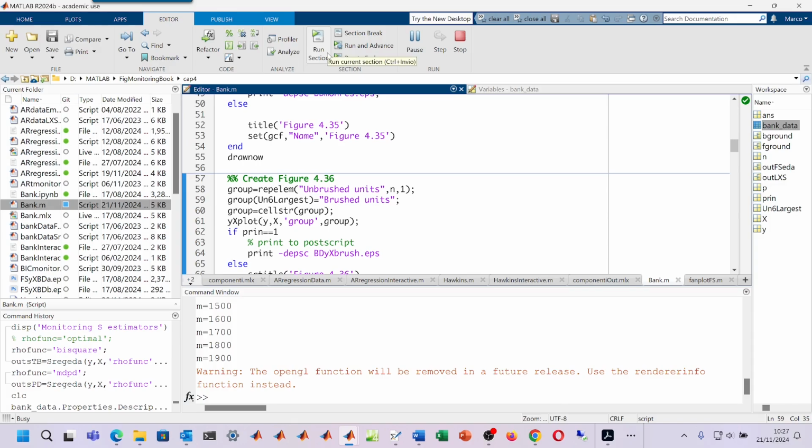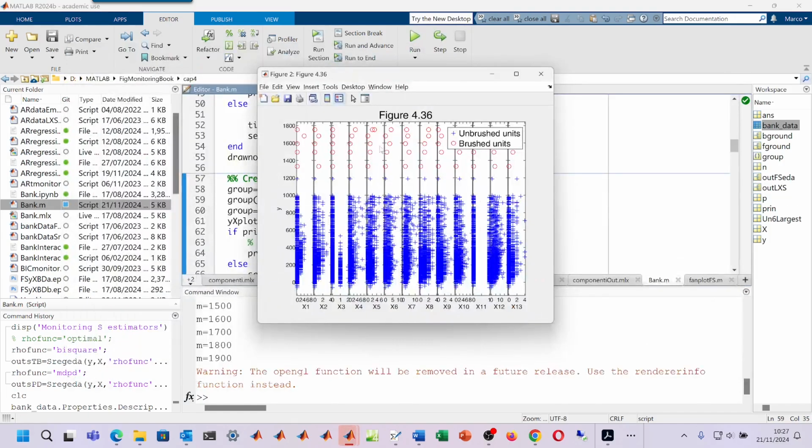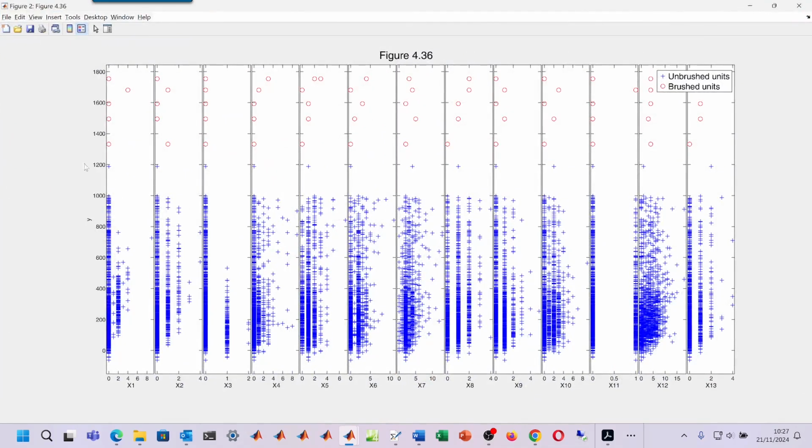Well, if you now show the y-x plot of y against the 13 explanatory variables, you can see that the 6 outlying units have large values of y.